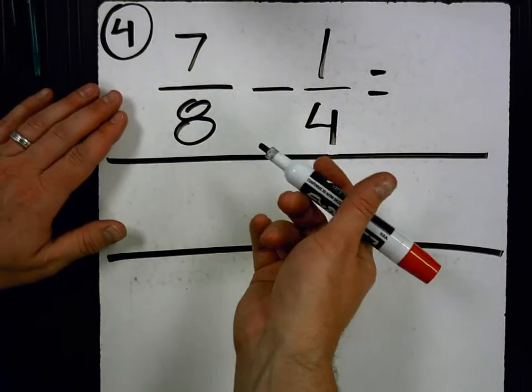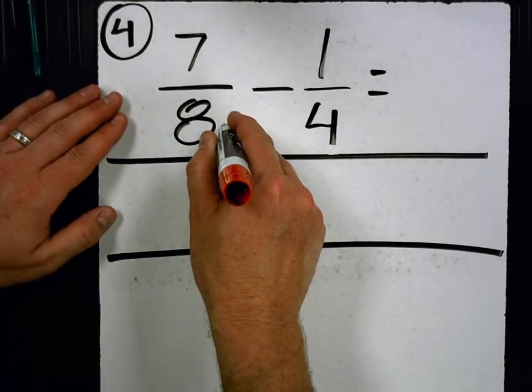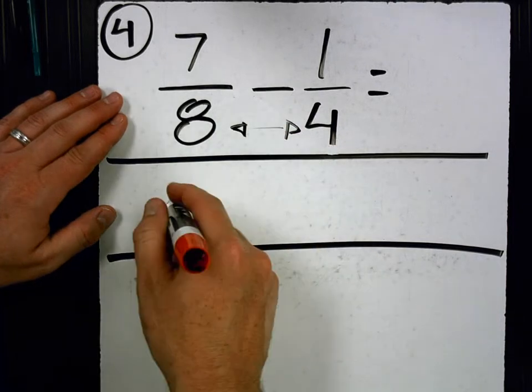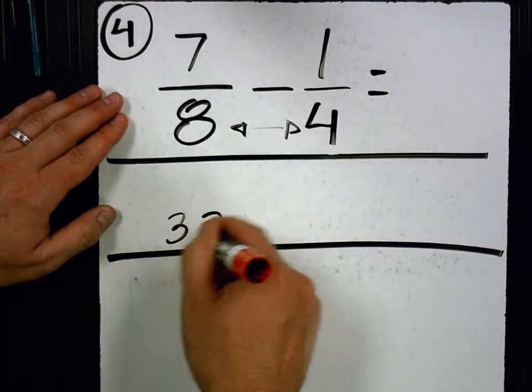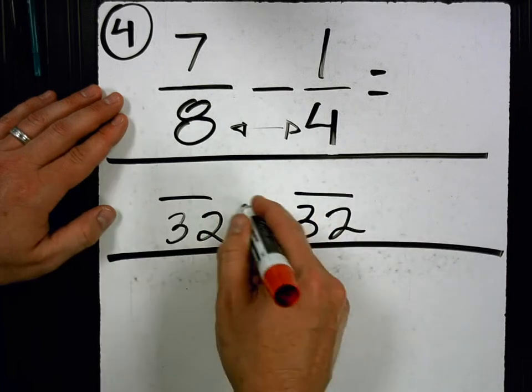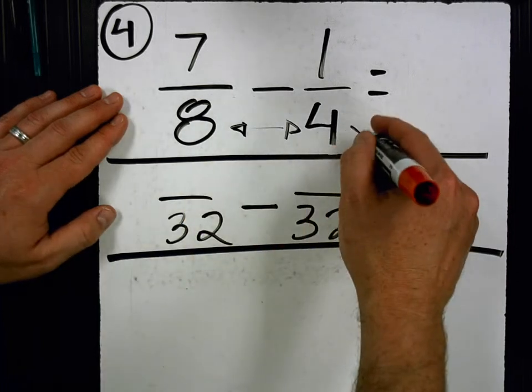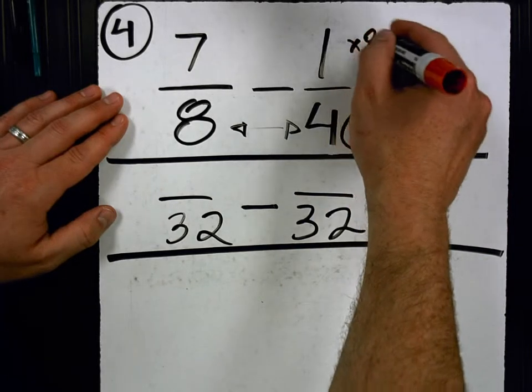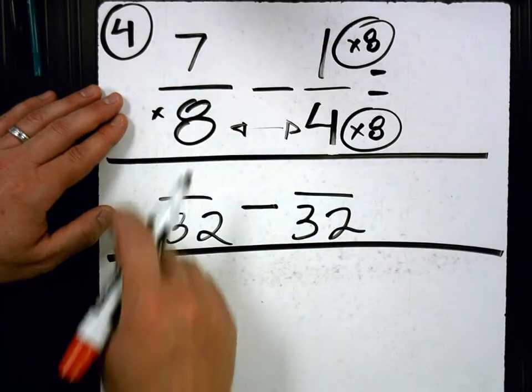Okay, the first thing that we're going to need to do is to multiply the denominators so that we get a common multiple of both. So 4 is going to multiply by 8, and whatever you do to the bottom number, you have to do to the top.